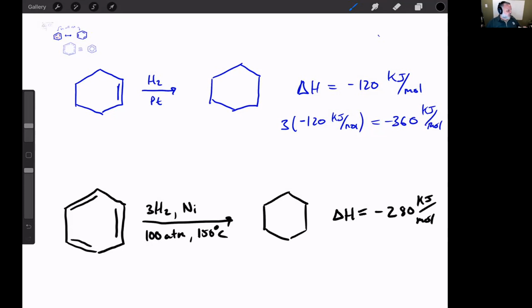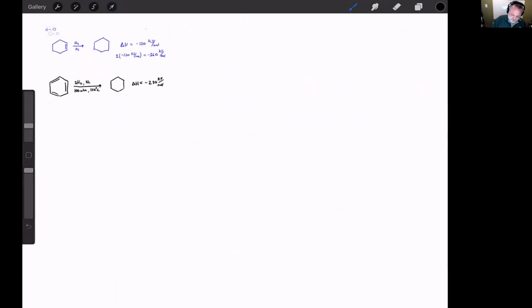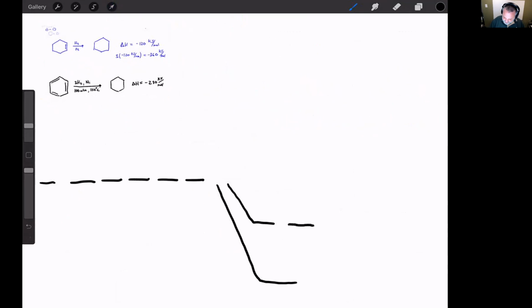So we can talk about where this stabilization comes from if we think about it from a molecular orbital perspective. I'm not actually going to draw this because I'm going to embarrass myself, but remember, if I take 6 orbitals in, I'll get 6 orbitals out. And because of symmetry, you'll see that the orbital diagram looks like this.